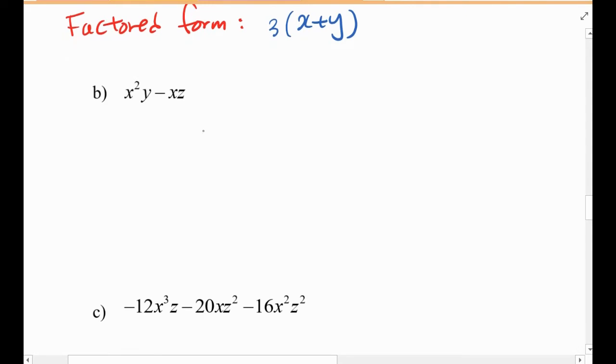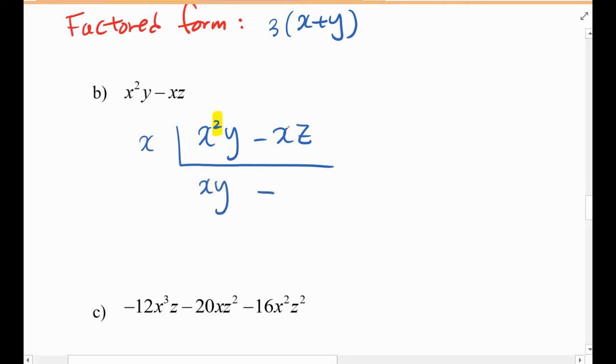Next, x squared y minus xz. What's in common here? X is a common factor. We're going to divide by 1x. Then that becomes 1xy. We have 1x becomes z.